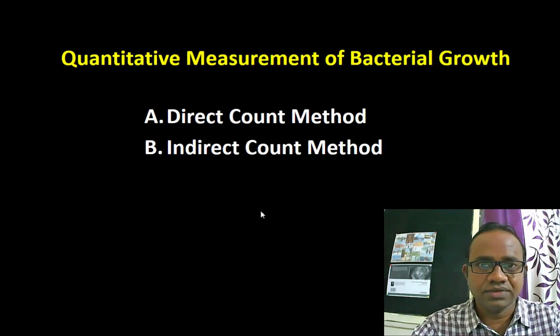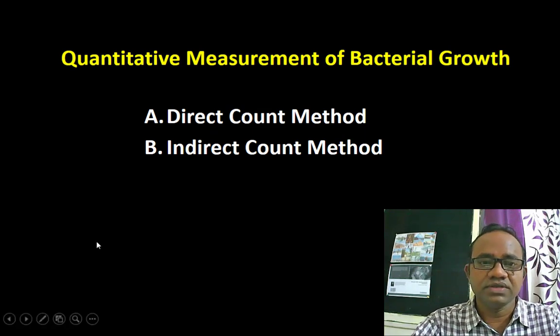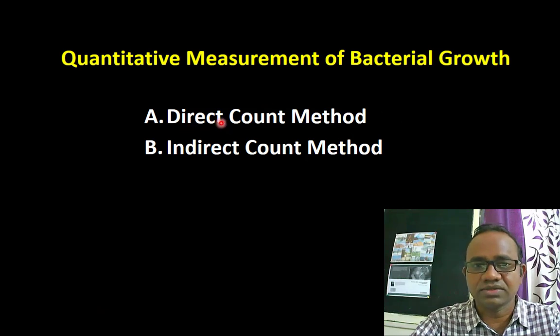So when we are doing the quantitative measurement of bacteria, we generally have two types of method. Either we count the live cells of bacteria, which comes under the direct count, or instead of counting the bacteria we count the number of colonies, so that becomes the indirect count method.